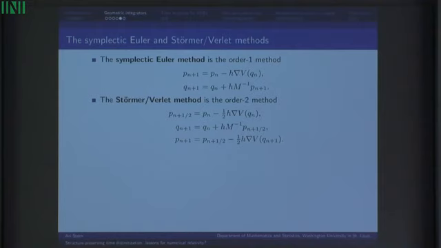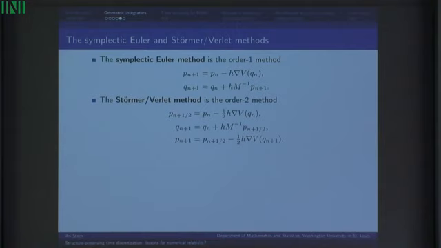And there's an order 2 method called the Störmer-Verlet method, which is a symmetrized version of this. Rather than advancing p by a step and then q by a step, I advance p by half a step to get an approximation of p at the midpoint. Then I advance q by a full step using that midpoint approximation to p.